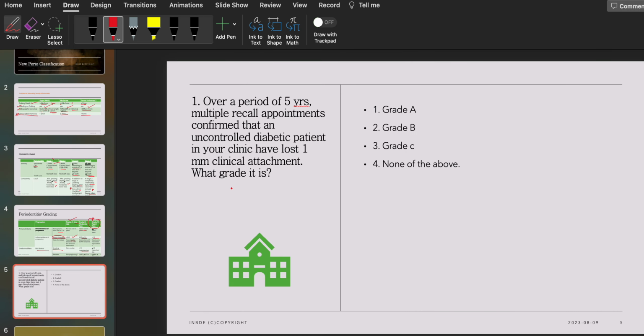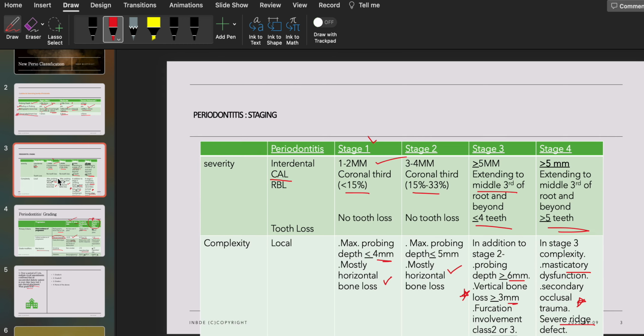Now, this question says that over a period of 5 years, multiple recall appointments confirm that an uncontrolled diabetic patient in your clinic has lost 1 millimeter of clinical attachment. What grade is it? If we see the clinical attachment loss, it talks about stage 1.